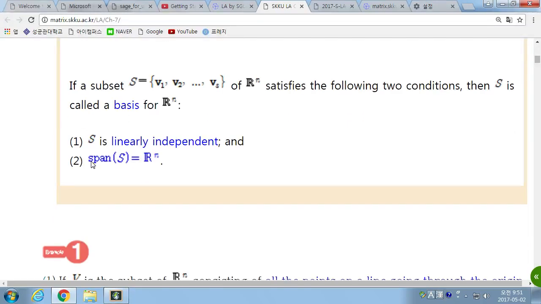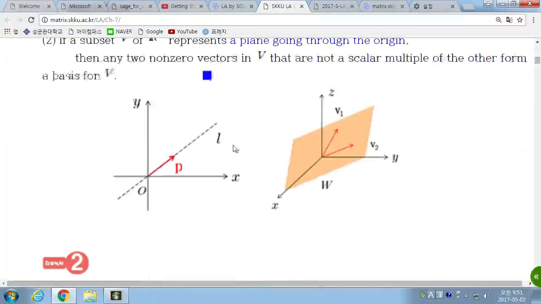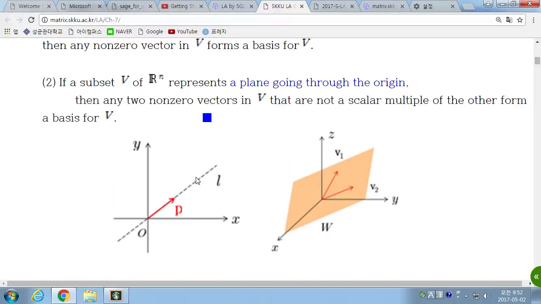And next, what? Span should be the same as whole Rn. So if S is linearly independent and S spans Rn, then subset S is called a basis for Rn.